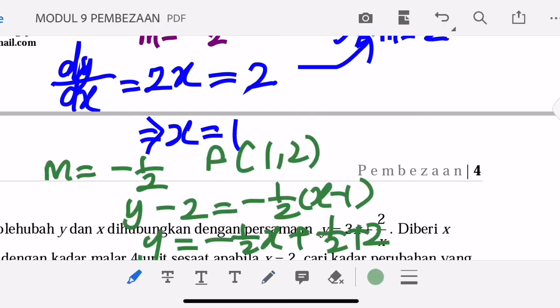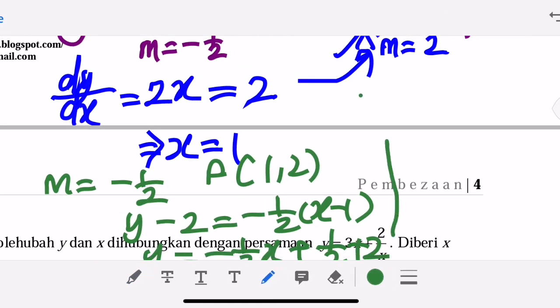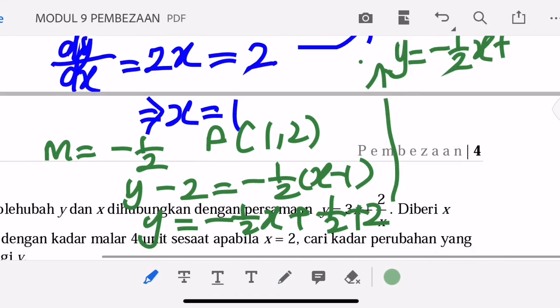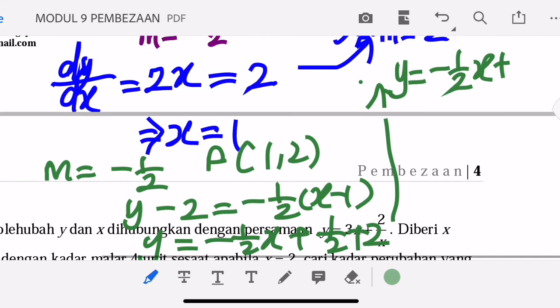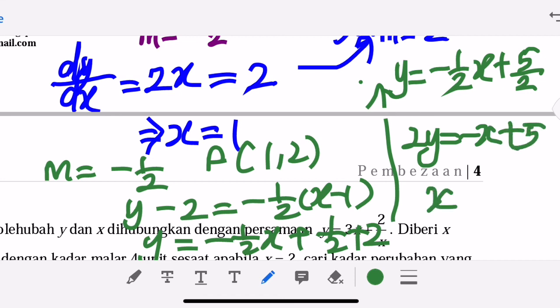So finally, the equation will be negative half x plus 5 over 2, that is 2.5. In short, you can write, times 2, 2y equals negative x plus 5, or x plus 2y equals 5.